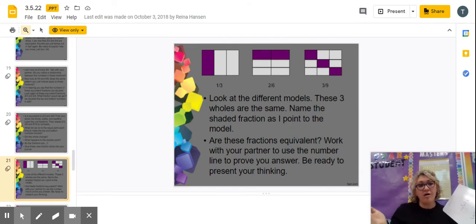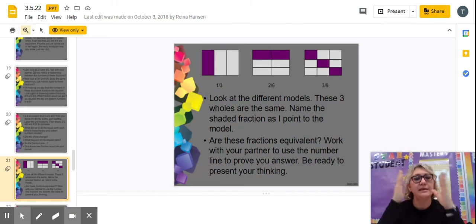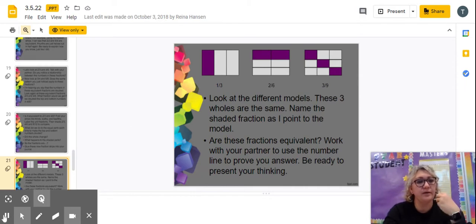Yes. So they are all equivalent. They're equal. They take up the same amount of space. Even though there's different pieces, they still take up the same amount of space. So thinking about the pieces to the whole, and if the wholes are the same size, how many different ways can they be equal to each other?